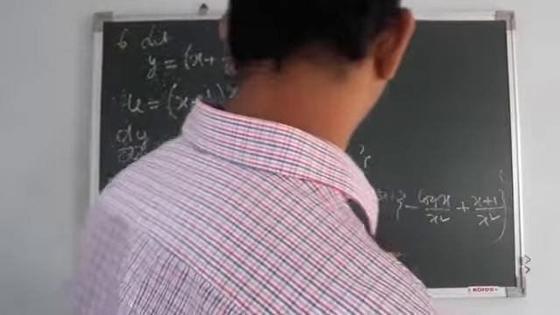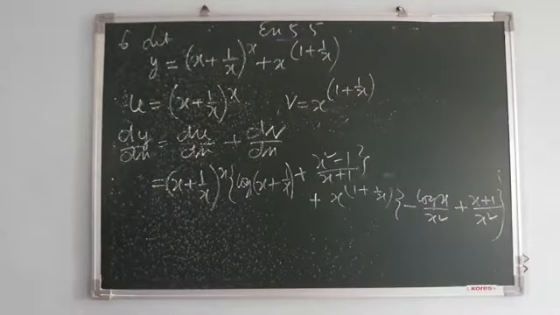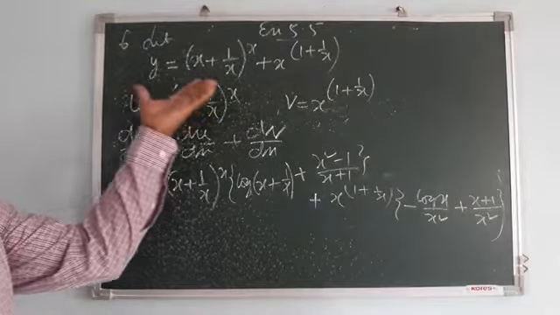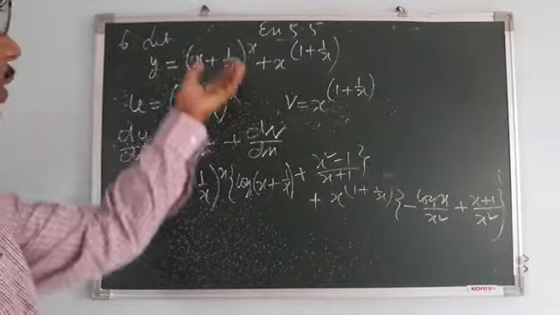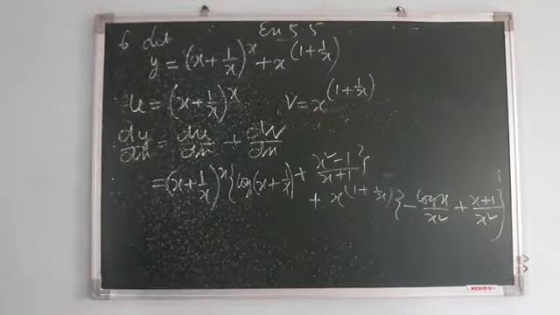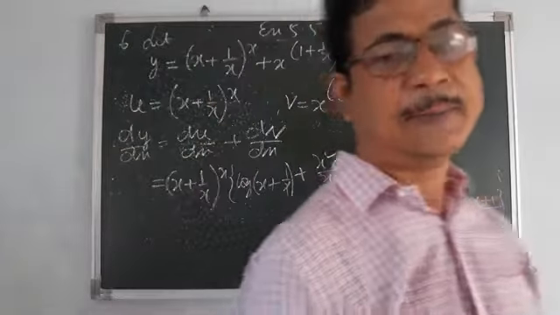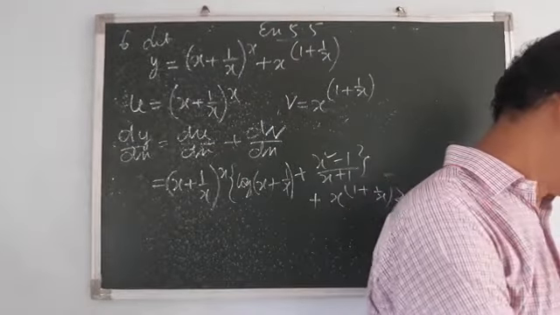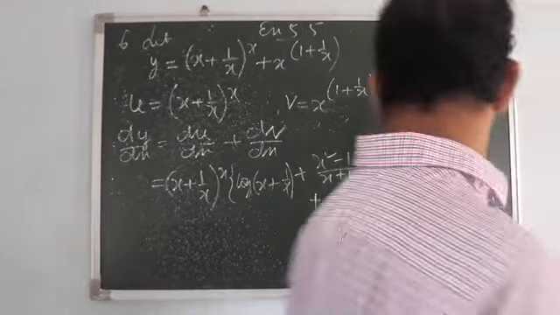So this big term is our required differentiation of that term. So this is our question number 6, where y is given, this one u, this one v, then if we differentiate it will give the answer like that. So with that we will complete question number 6.